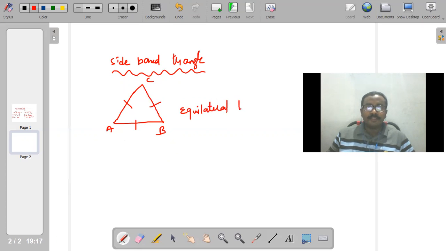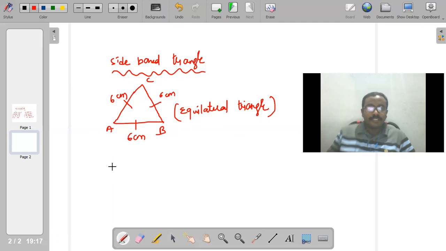If all sides are equal in triangle ABC, then we can say the given triangle is an equilateral triangle. For example, if AB is 6 centimeters, BC is also 6 centimeters and AC is also 6 centimeters, this is an equilateral triangle.